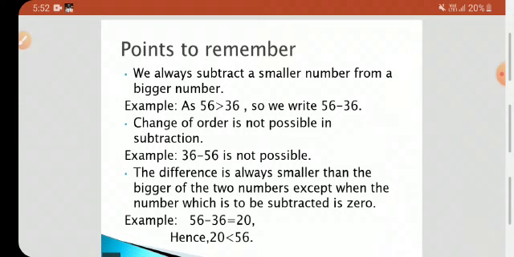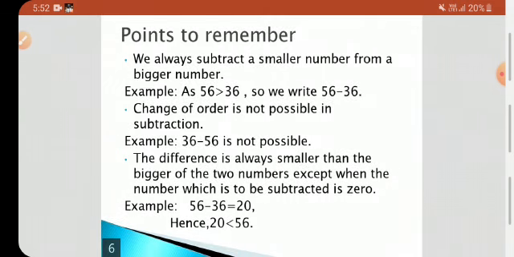Second one is, change of order is not possible in subtraction, like we change the order in addition. In addition, we can change the order of the numbers, but in subtraction, we cannot change the order of numbers.